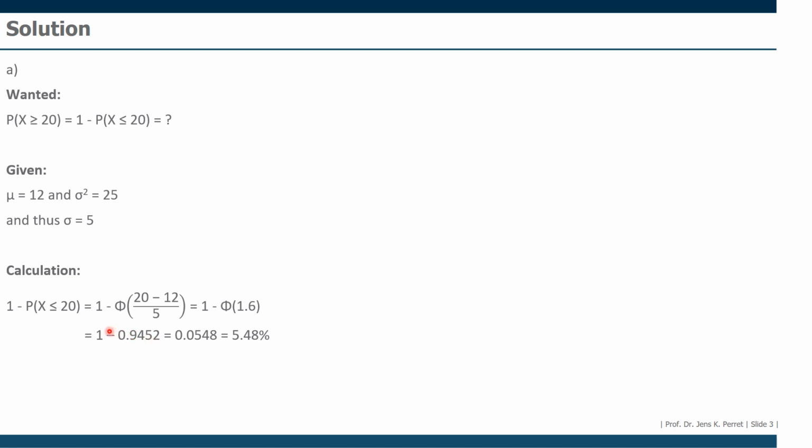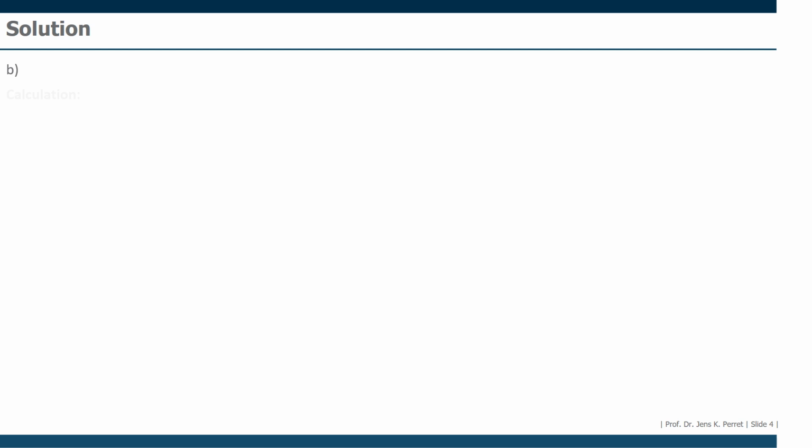If we do this, we find a value of 0.9452. We subtract this from the 1, from the counter probability, and we get as a final result 5.48%. So roughly a 5.5% chance that a customer will spend more than 20 euros in a food court. That was already part A, and we can continue with part B. In part B the question was how many of the 10,000 customers actually spend more than 20 euros.